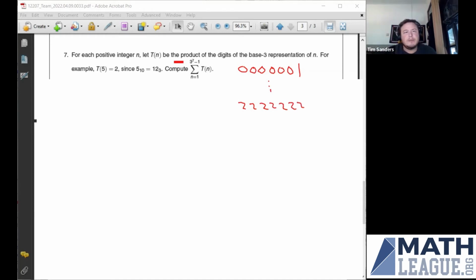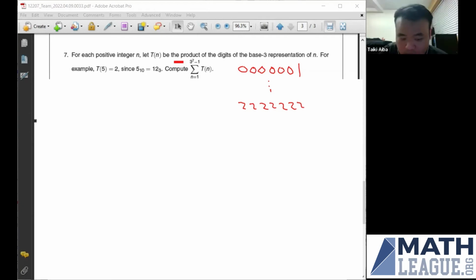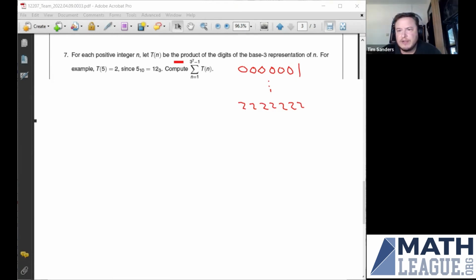Feels a lot like the last problem. Product of the digits. So all we have to do is add up all of these products of digits. I feel like we're going to want to do this digit by digit.